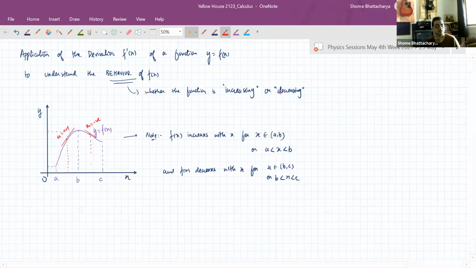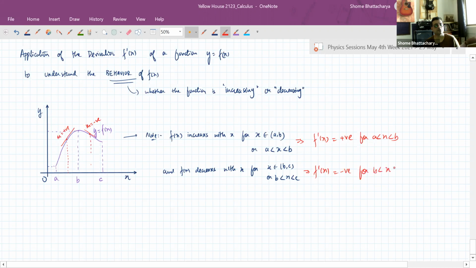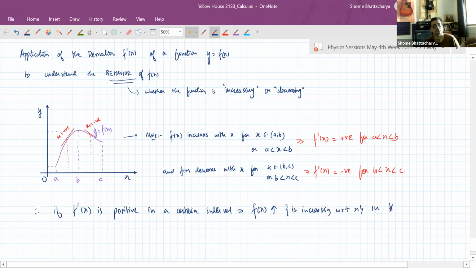Therefore, the derivative of the function will be a positive quantity for x belonging to A to B, whereas the derivative of the function will be a negative quantity for x belonging to B to C. In other words, if f prime x is positive in a certain interval, then the function f(x) is increasing with respect to x in that interval.